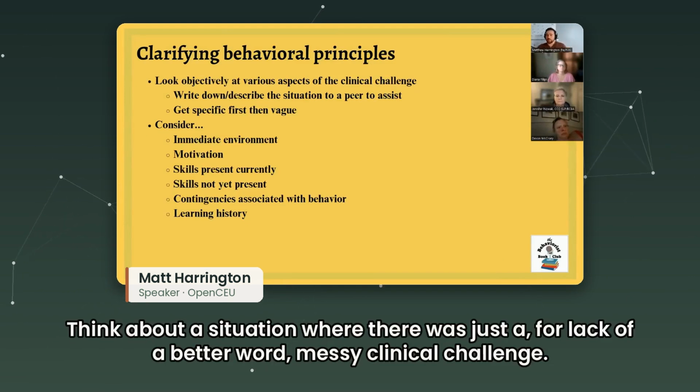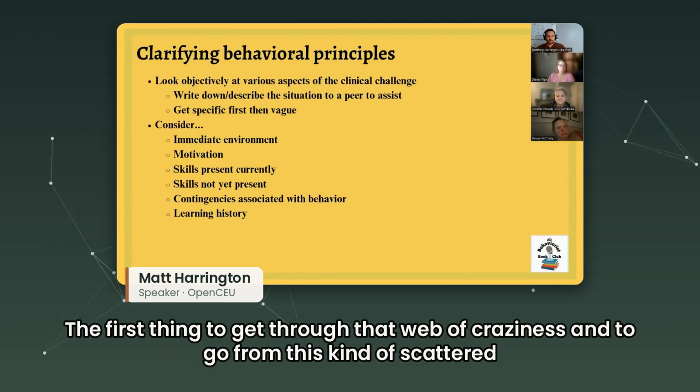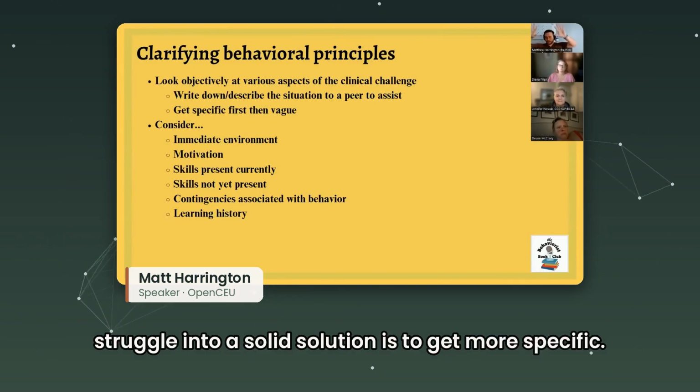Think about a situation where there was just a, for lack of a better word, messy clinical challenge. The first thing to get through that web of craziness and to go from this kind of scattered struggle into a solid solution is to get more specific.